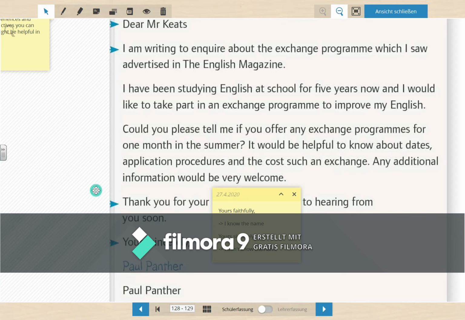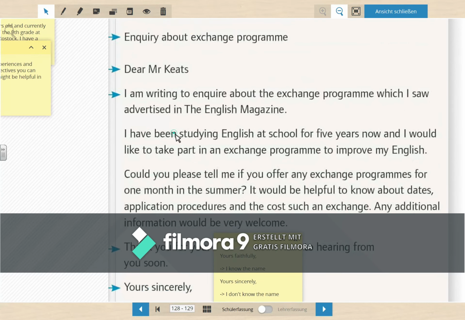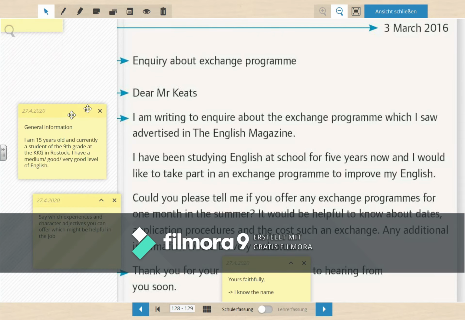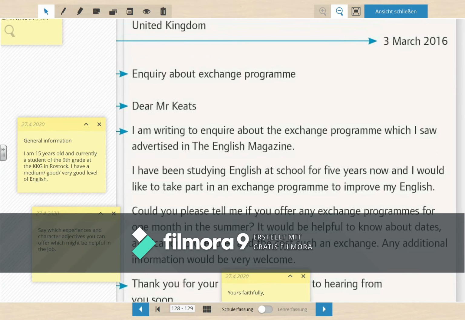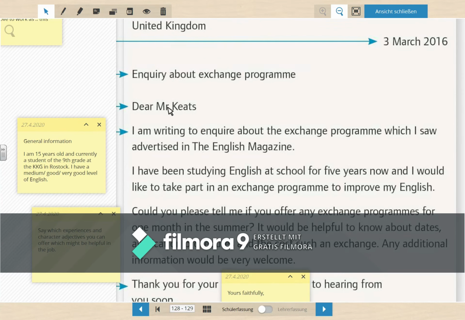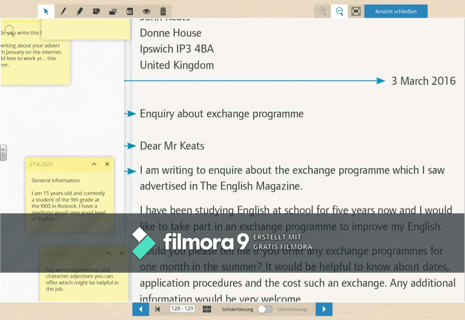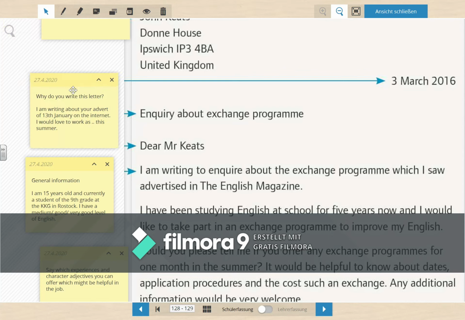So now some hints about the content. What do you actually have to write down? You should always start with saying why you write this application. Let me just look for the note here. Here it is.